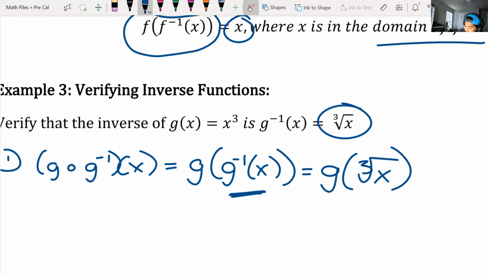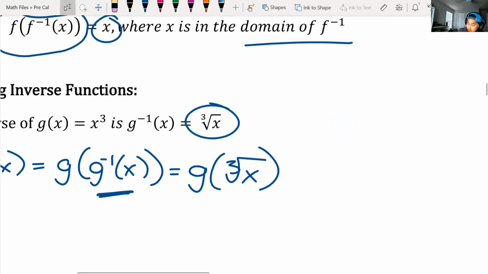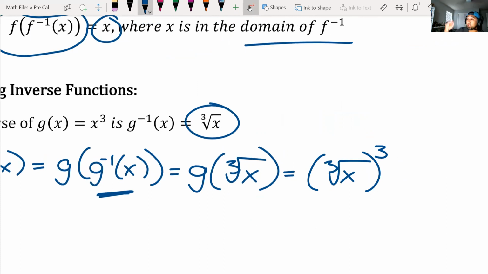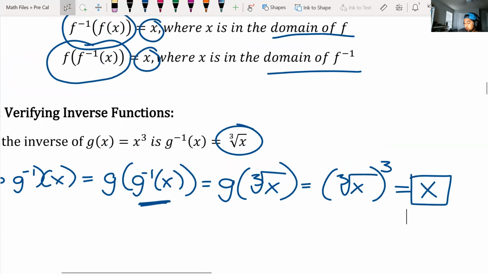So we're going to take the cube root of x and plug it in for x into function g. This means that you will get the cube root of x cubed, and the cube root and the cubed power will cancel and leave me with what? x. So does this prove that they are true inverses of each other? Yes. Good. And of course, we can check it going the other way.